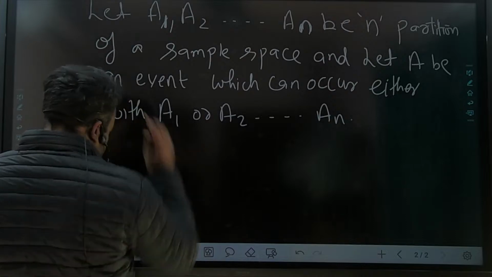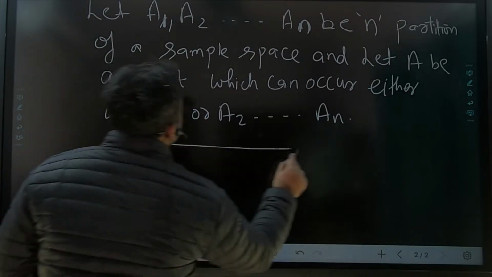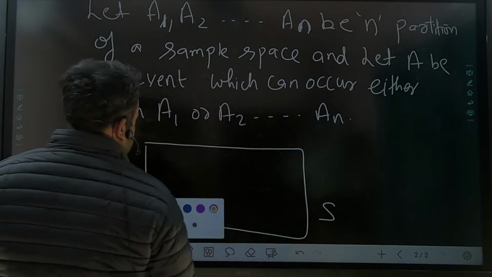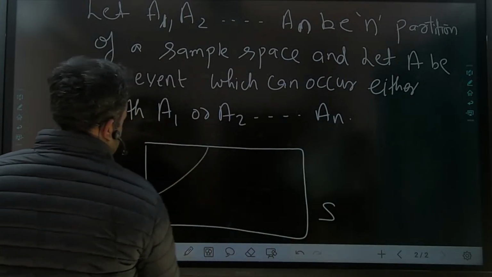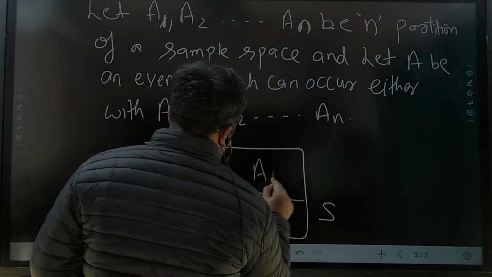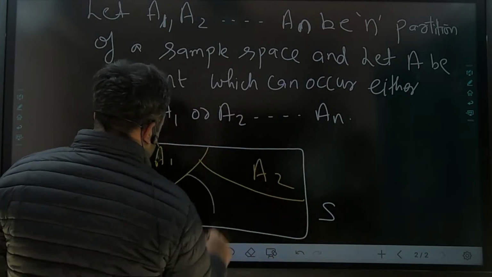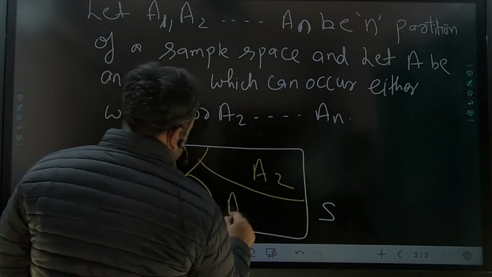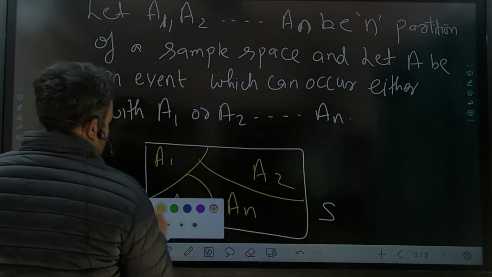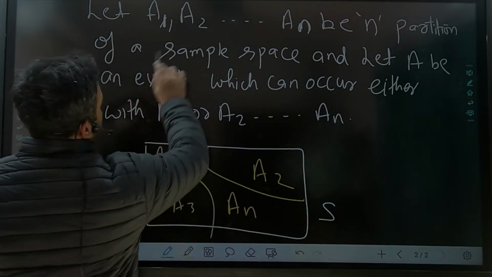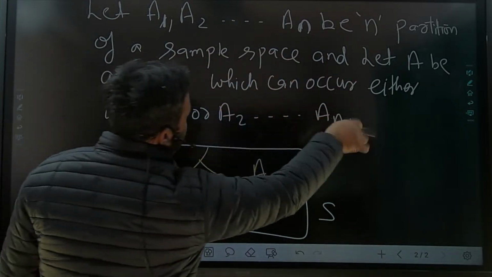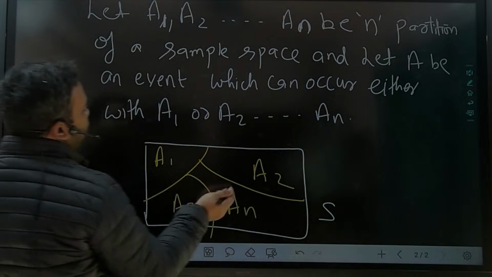For example, this is my total sample space. Total sample space I have divided into n parts. Let's say this is A1, this is A2, this is A3, and this nth partition is there. So A1, A2 up to AN are the n partition of a sample space, and let A be an event which can occur with any of these partitions.